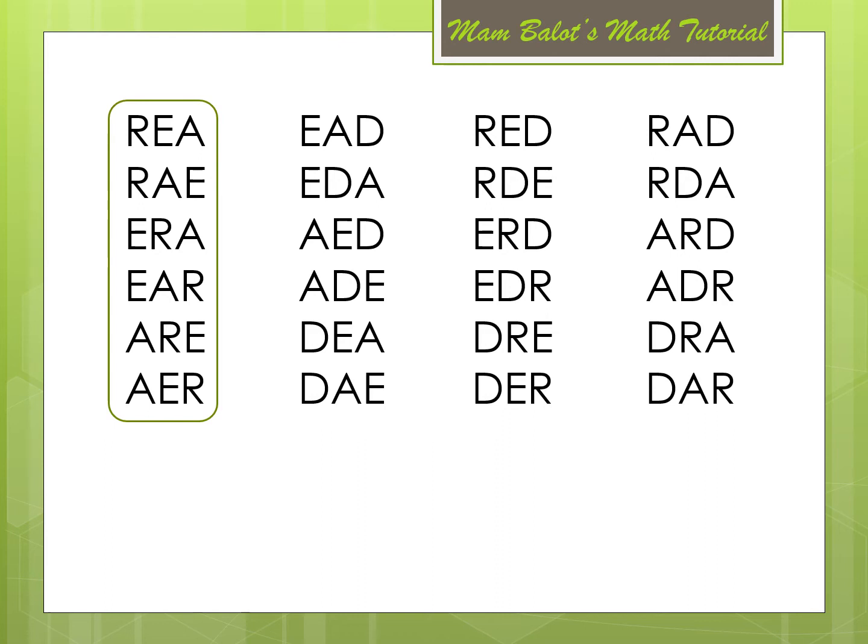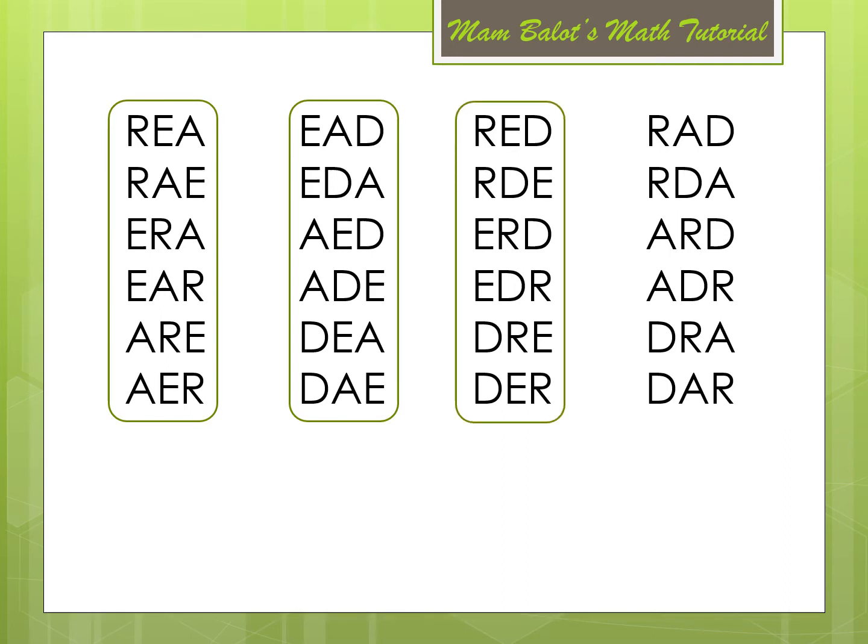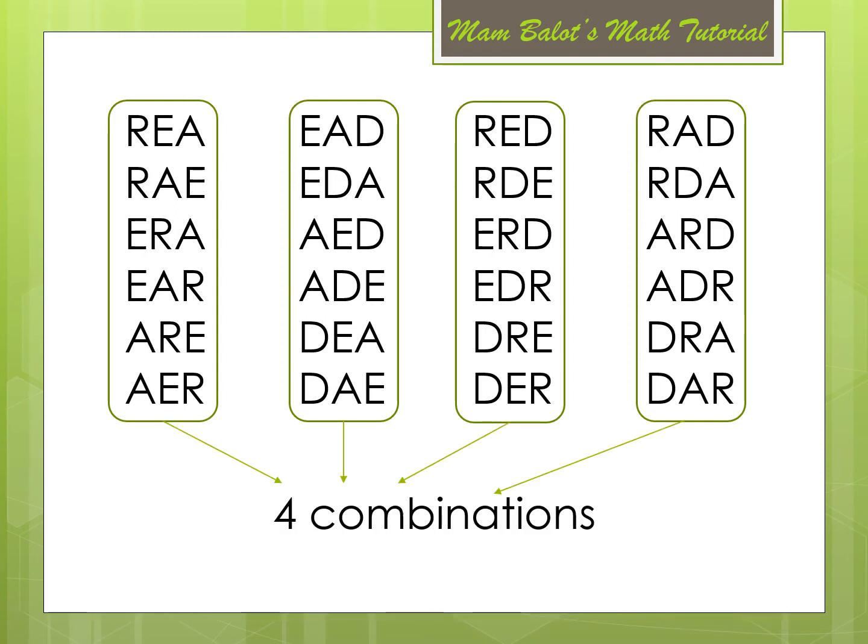So in combination, these different arrangements can be considered only as one combination. Same goes for the second column. They have the same letters but with different arrangements. Same with the third column and the last column. So therefore, if we take 3 letters from the word red, we have only 4 combinations. So that's the difference between the permutation and the combination.